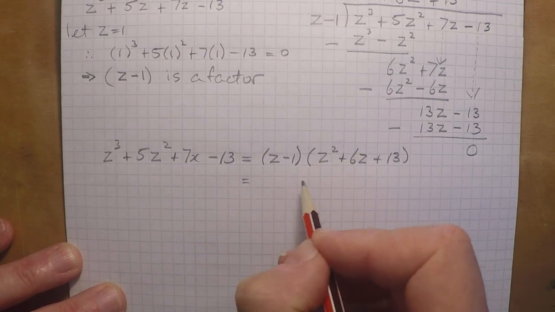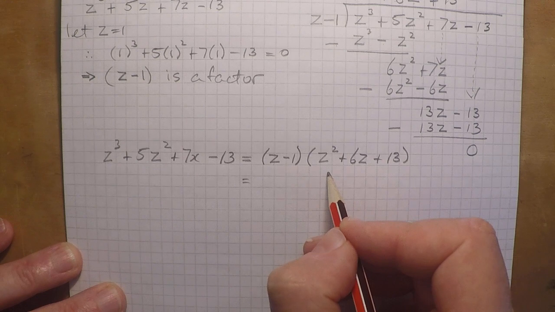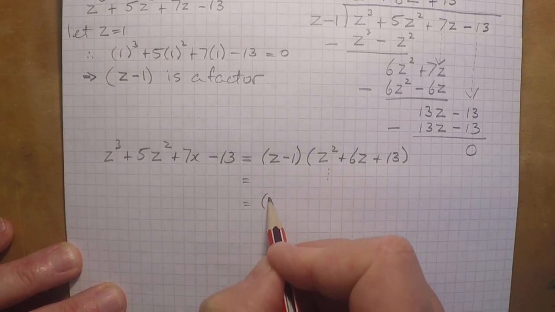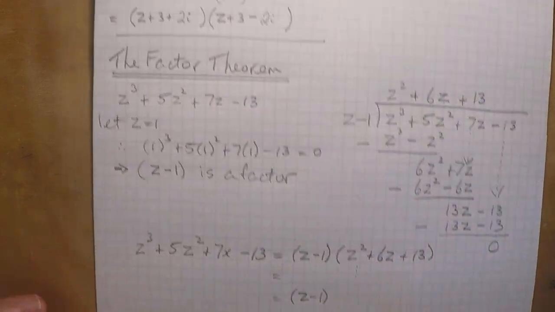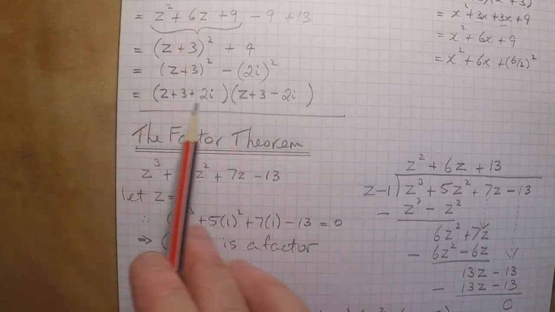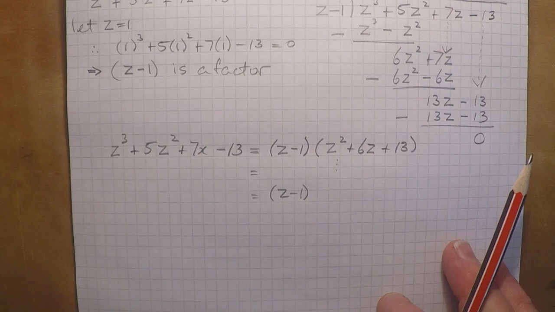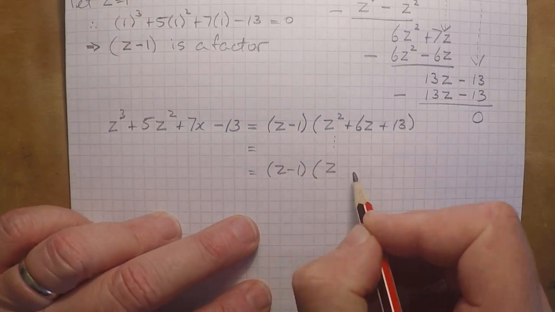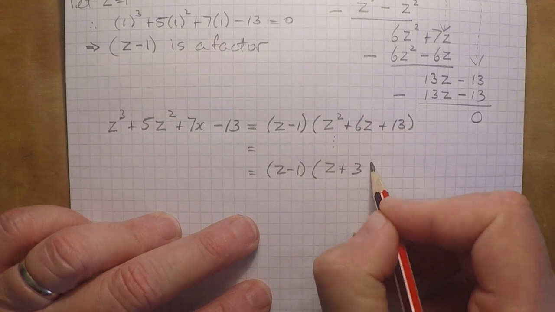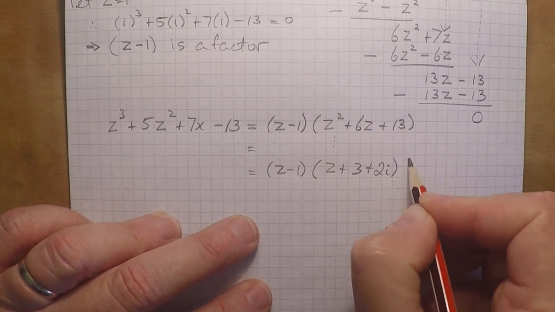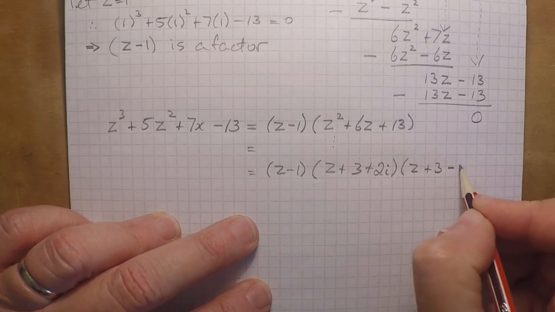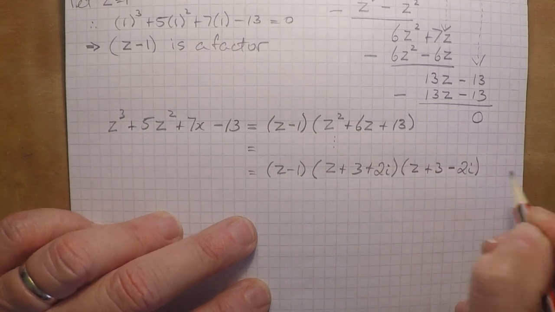So, as was shown in the previous video, which is just here still, the factors of this quadratic were z plus 3 plus 2i, z plus 3 minus 2i.